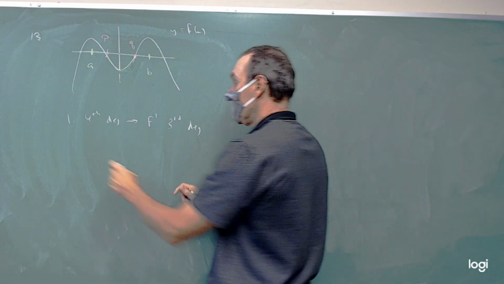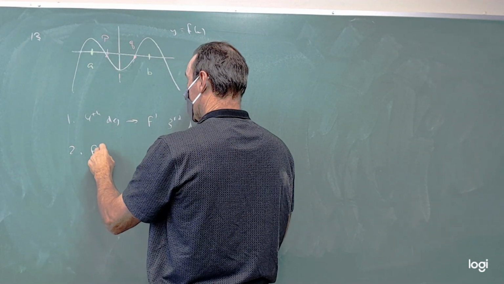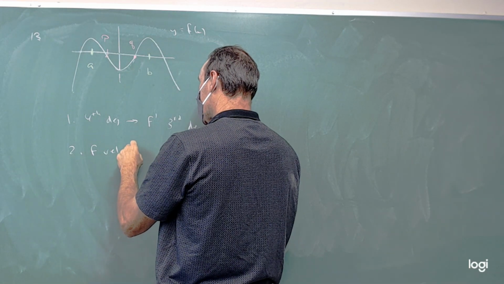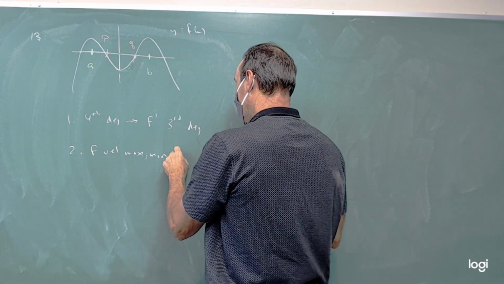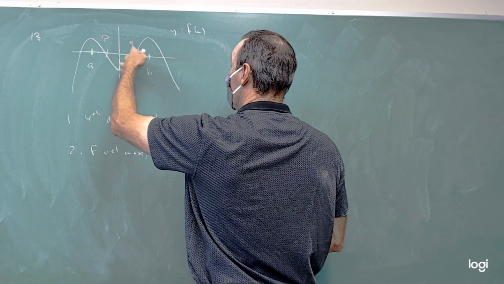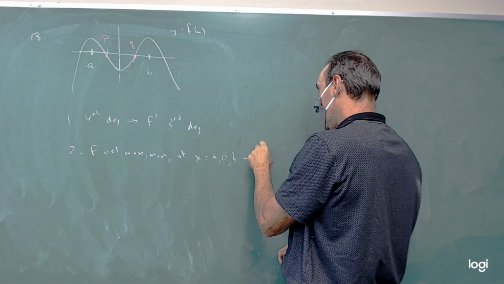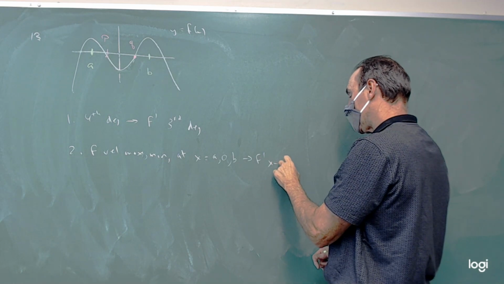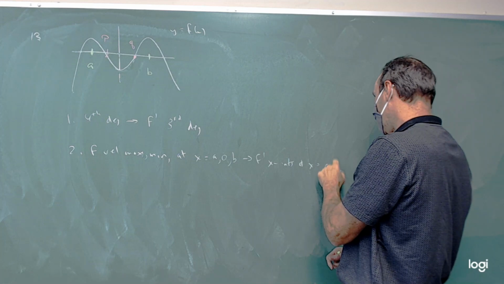You can see that the original function, f, has relative maxima and relative minima at x equals a, 0, and b. So f prime should have x-intercepts at x equals a, 0, and b.